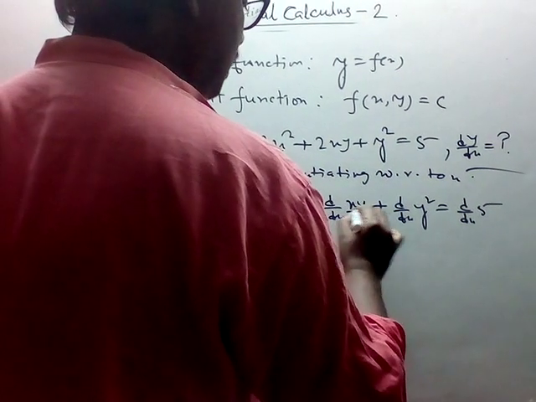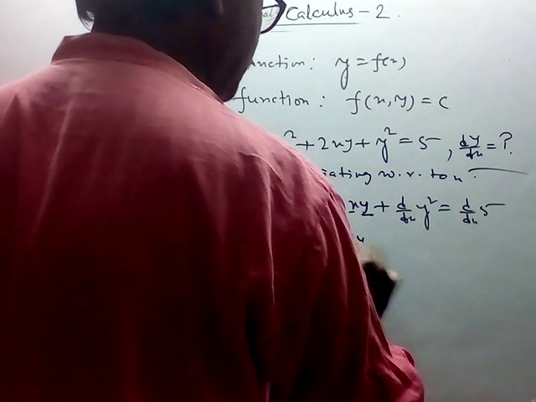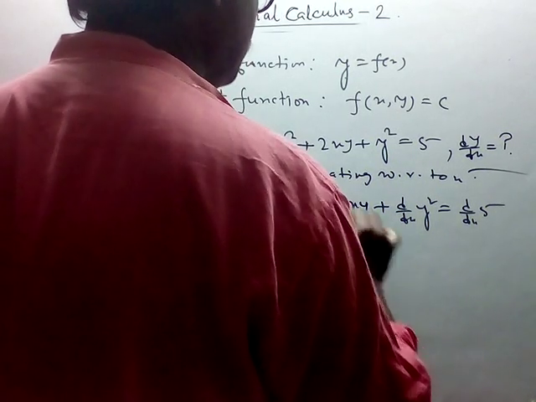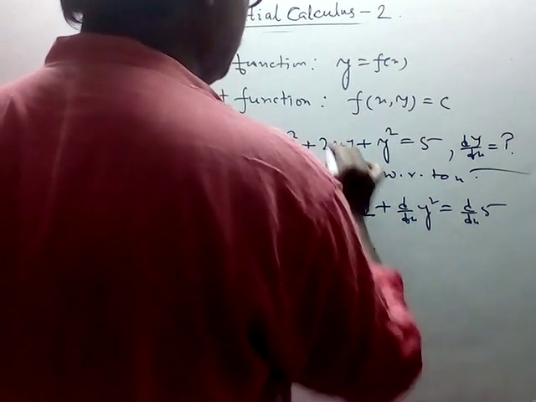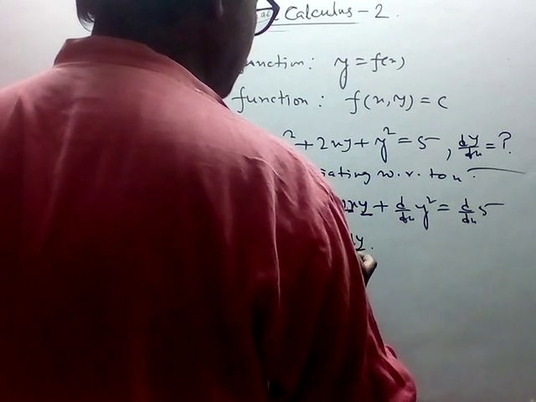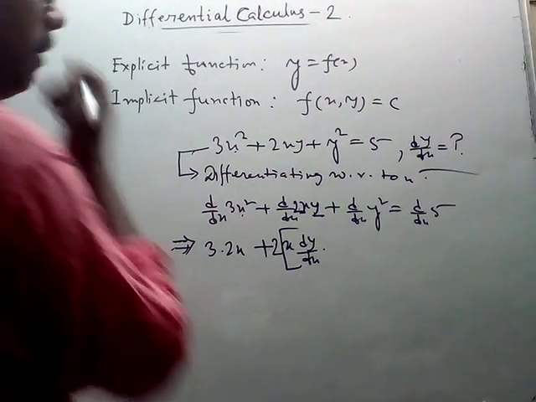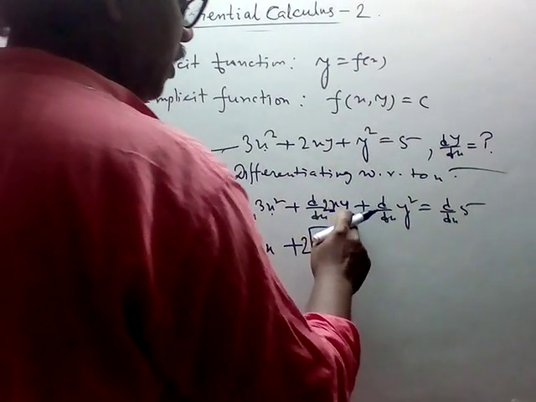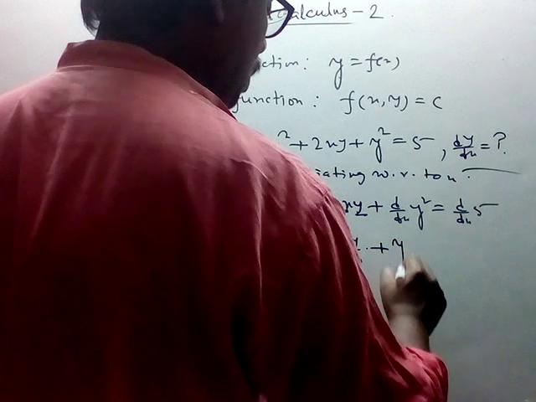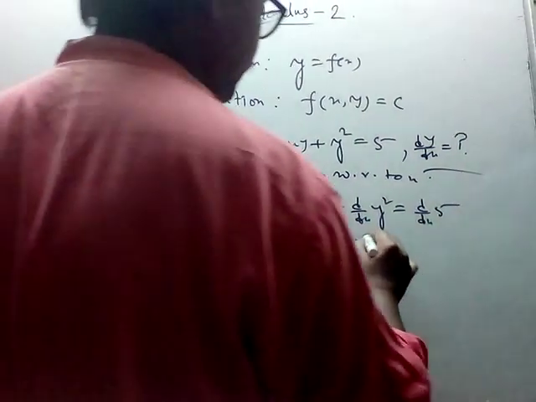Now this is a product, x into y. Keeping x as constant, the derivative of y is dy/dx. Sorry, here it was 2xy, 2 taken outside. Now d/dx of xy: keeping x constant, the derivative of y is dy/dx, plus y into d/dx of x, d/dx of x means 1.